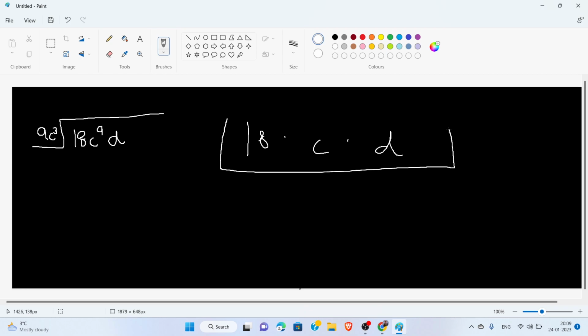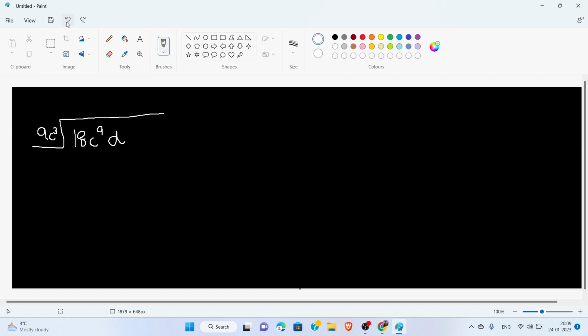If it was, for example, 18 plus c times d, this is a binomial, because this is one term and this is one term. Understood? Very good.